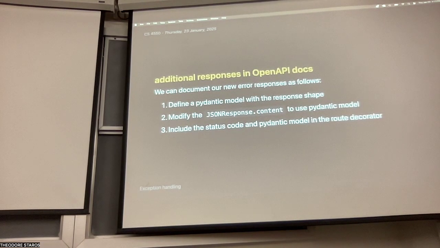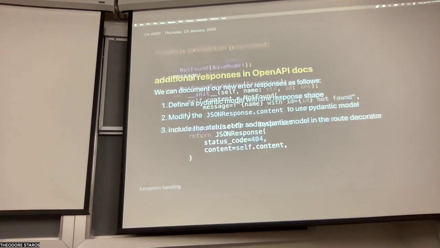The way you can do this is you can define a pydantic model with the response shape and then modify the JSON response content to be the pydantic model. And then in the route, there's a responses keyword where you can put more information.